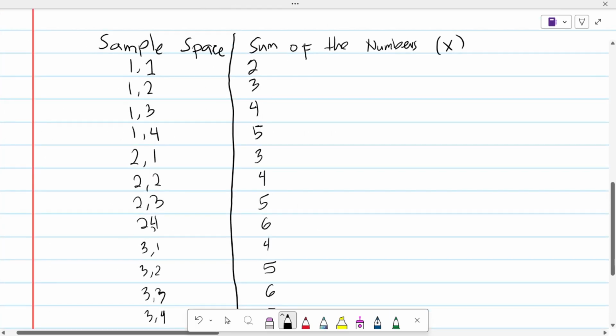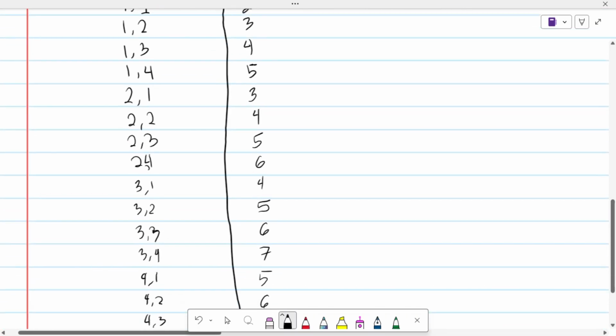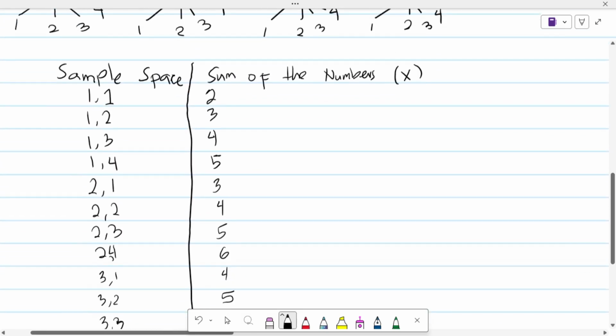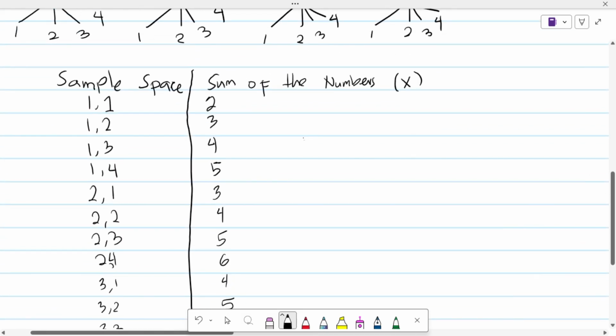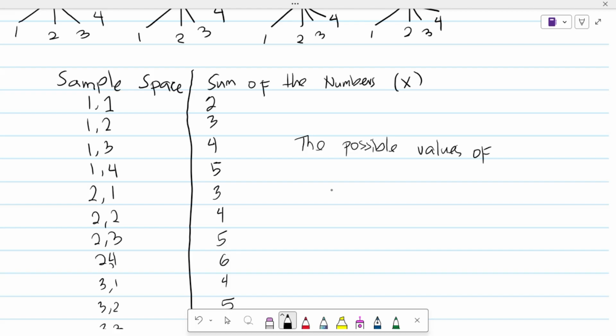So the possible values of x are 2, 3, 4, 5, 6, 7, and 8.